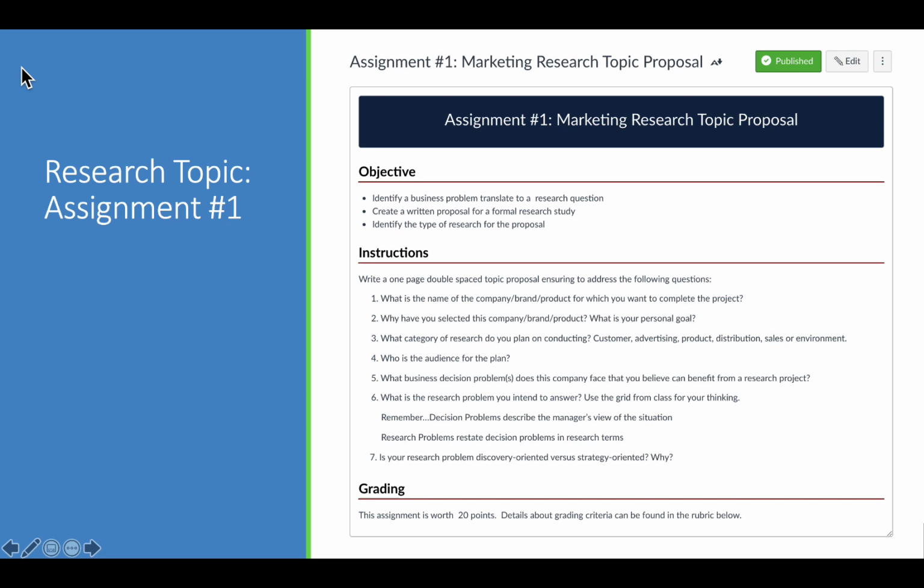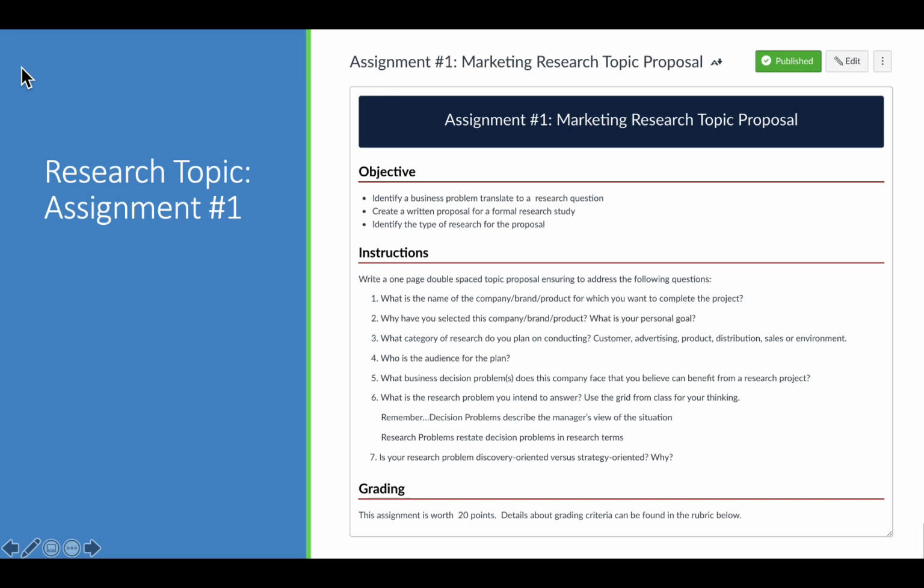Your first assignment for this class is the research topic assignment. It's not a full-blown research proposal like you would do in a typical research project, but it's getting you to start thinking about what that formal research proposal will be.